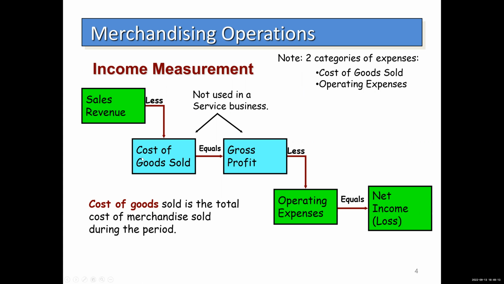And we sacrificed our inventory to make the sales revenue. So the difference between what we sold it for and what it cost us is this thing called gross profit. And then from gross profit, we will subtract our other operating expenses, and that will give us our net income.